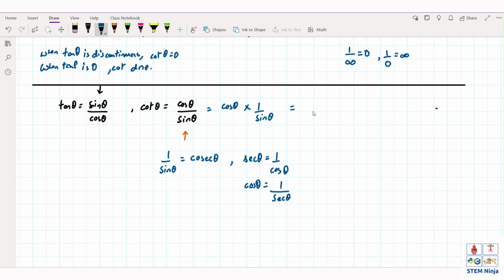So this becomes 1 over secant theta times cosecant theta, which becomes cosecant theta over secant theta. So finally, we can rewrite this as cosecant theta over secant theta.